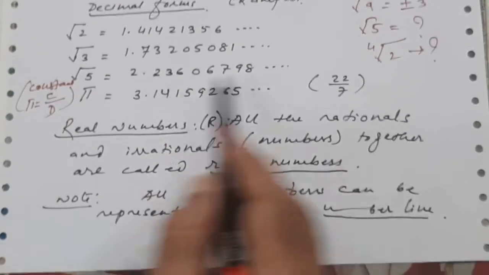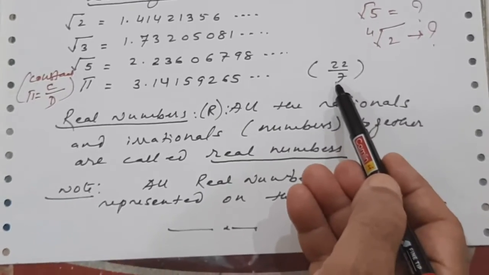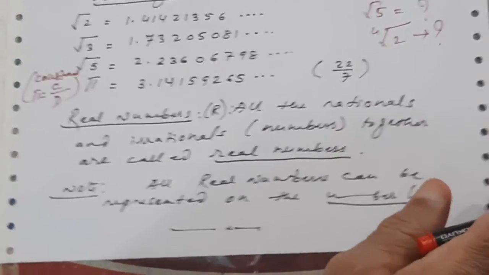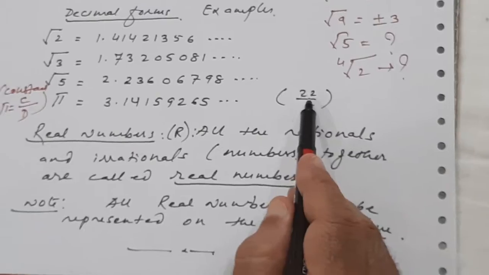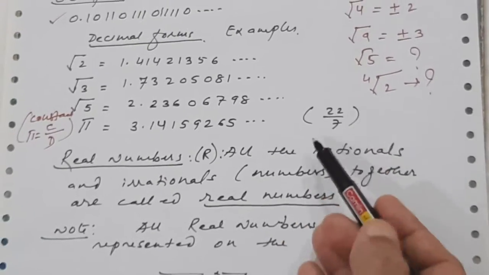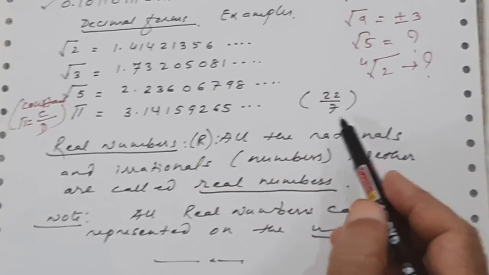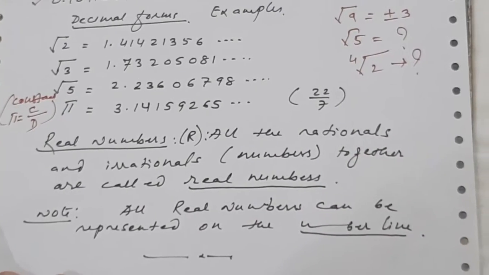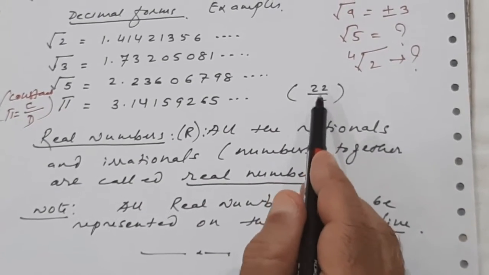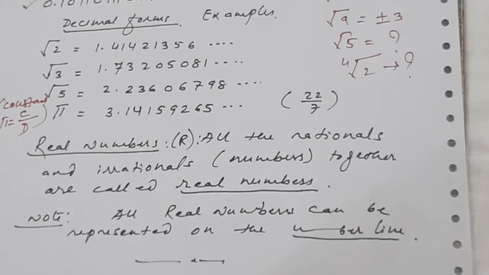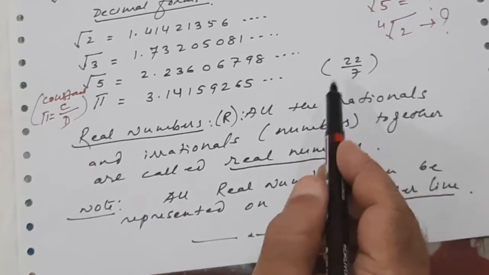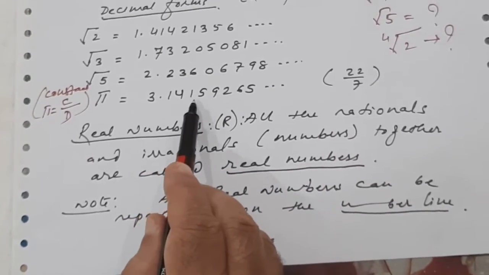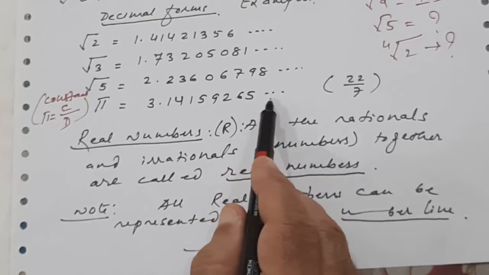Now this pi can be written as 22 upon 7, which you will see is in the P upon Q form, and its decimal value is 3.1415926.